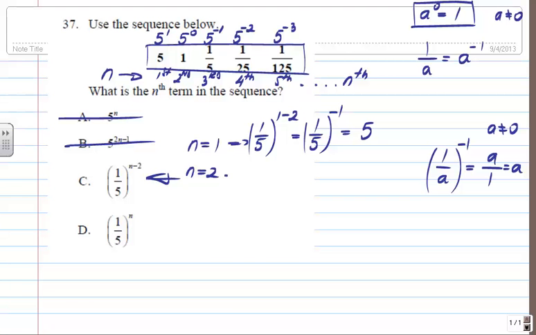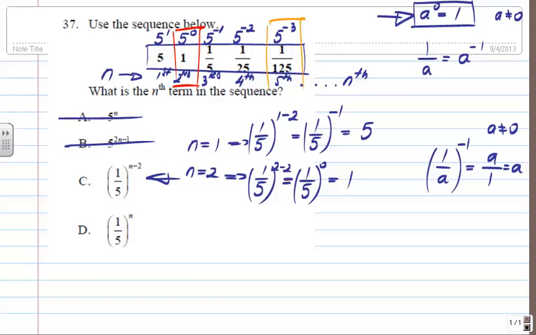What happens if n equals 2? If n equals 2, I have 1/5 to the power of 2 minus 2, and that equals 1/5 to the power of 0. Well, what is the rule? Any number that's different than 0 to the power of 0 will be 1. And we're good. How about the next one? Let's say this one here, so your n is 5.